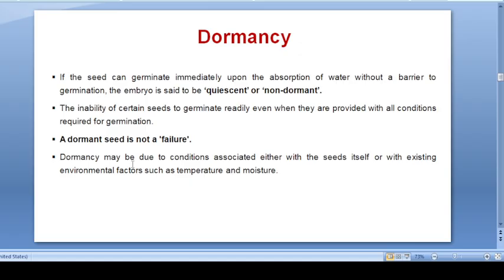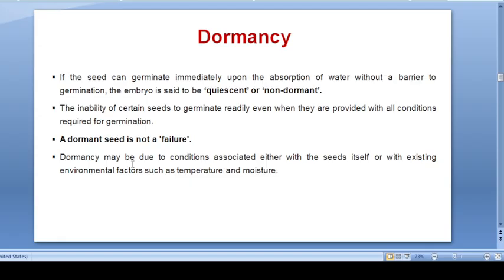In terms of seeds, it is the inability of the seed to germinate even in the presence of congenial conditions as well as a congenial environment. The dormant seed is one which is healthy and has all the nutrients required for germination, even though it has an inability to germinate.